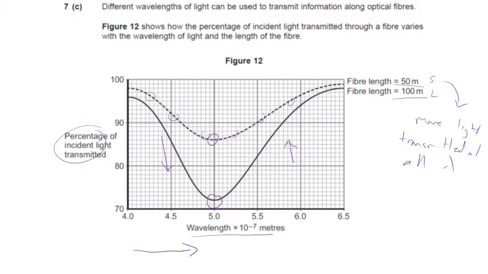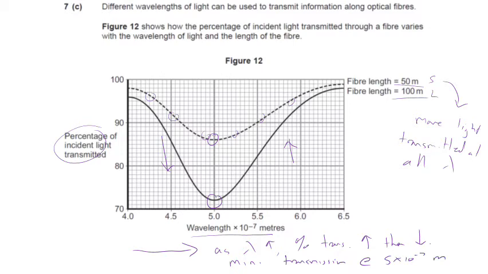So I can make that point that as wavelength increases, percentage transmitted increases, then decreases, minimum transmission occurs at 5 times 10 to the minus 7 metres.